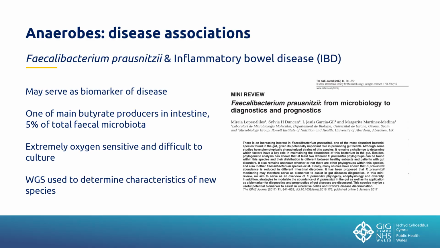It's a very, very difficult anaerobe to cultivate, as it's extremely oxygen sensitive, and WGS is being used to determine the characteristics of newer species. There's a really nice mini review that I've highlighted there if you would like to know more about that particular association.